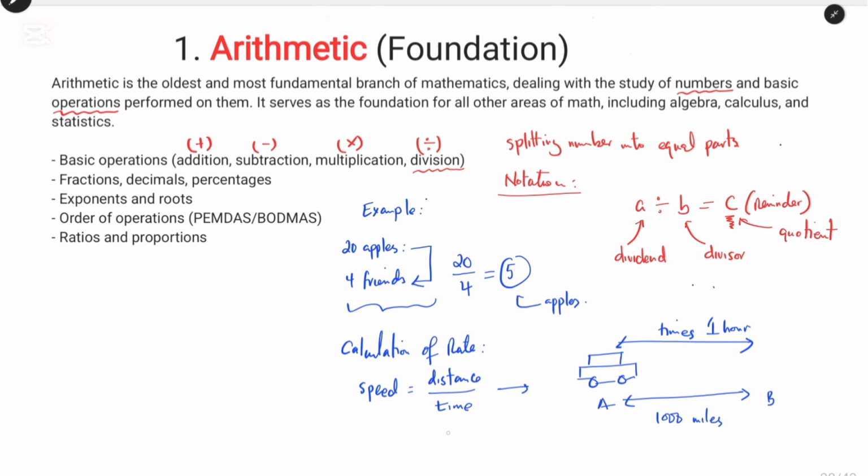You can just compute by knowing the distance, 1000 miles divided by 1 hour. You will have 1000 miles per hour.